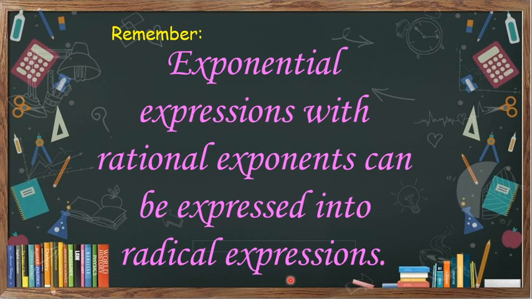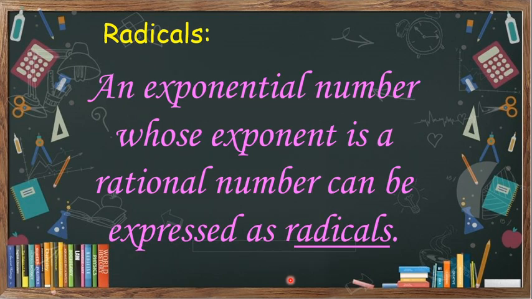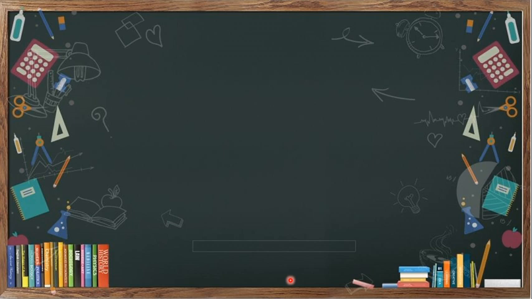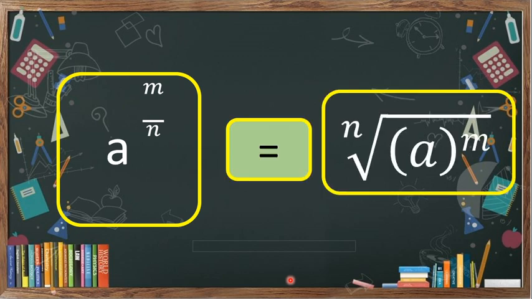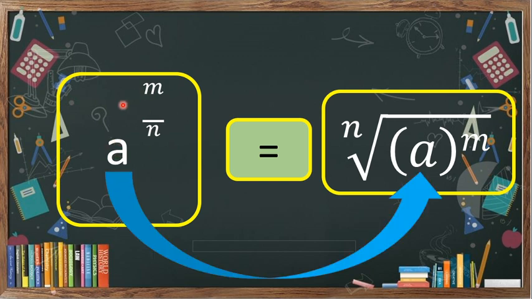Now, remember, exponential expressions with rational exponents can be expressed as radical expressions. An exponential number whose exponent is a rational number can be expressed as radicals. So, from the rational exponential form a raised to m over n, to the nth root of a raised to m, you have to write the base here as the radicand.